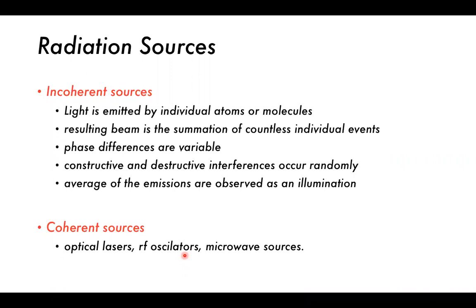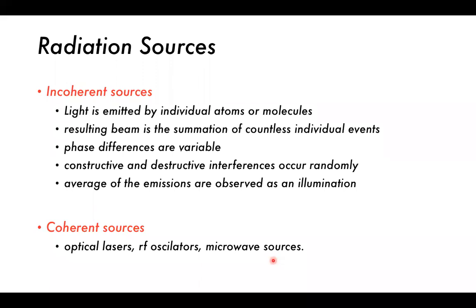But we can have coherent sources of electromagnetic radiation. These are typically optical lasers, RF oscillators, and microwave sources. Usually the lasing medium in a laser is being charged with some energy, and once it has reached a sufficient amount of energy, it starts to release light in packets.